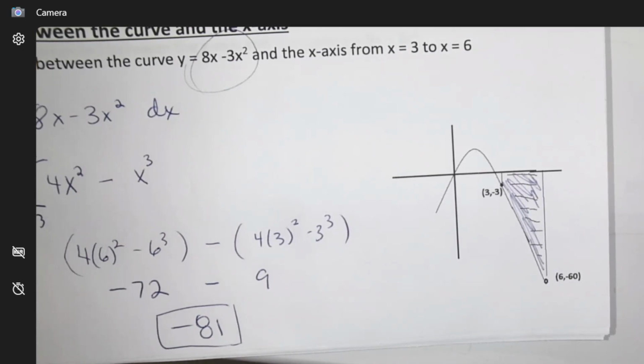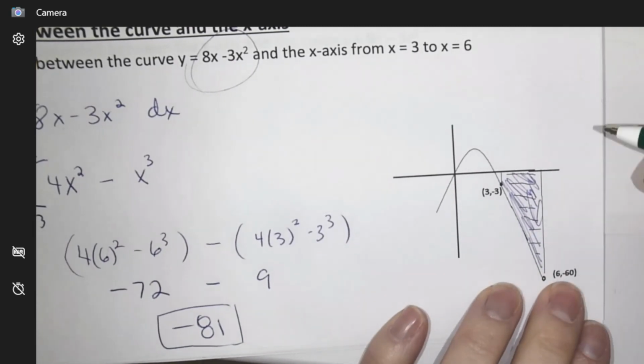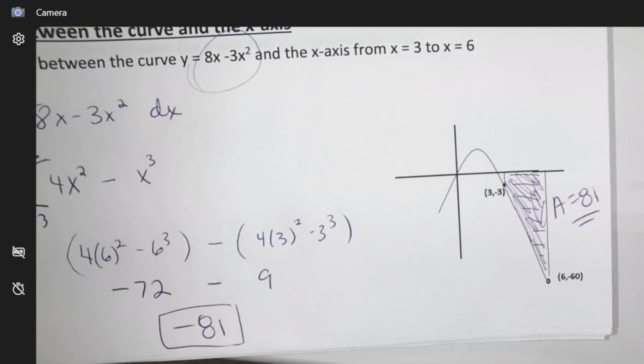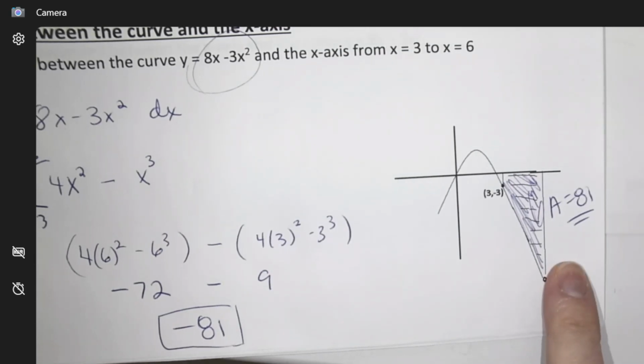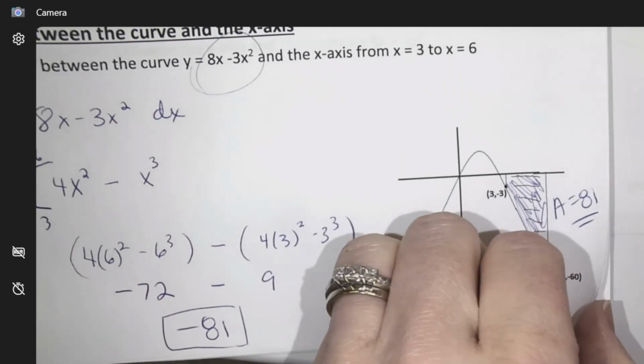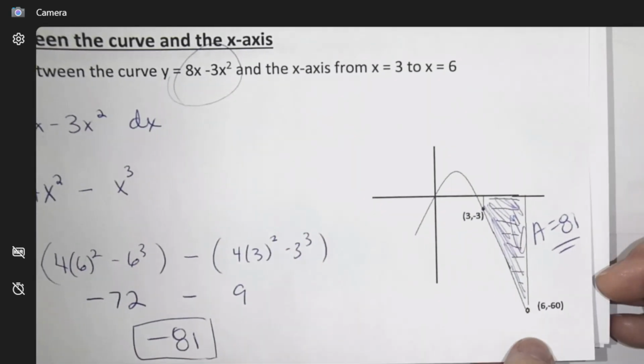It's in the negative y zone. It's below the axis. So really the area is 81. The negative is just representing that that area ended up below the axis instead of on top of it. So we'll just say the area is 81, understanding that the negative is just where that area is located.